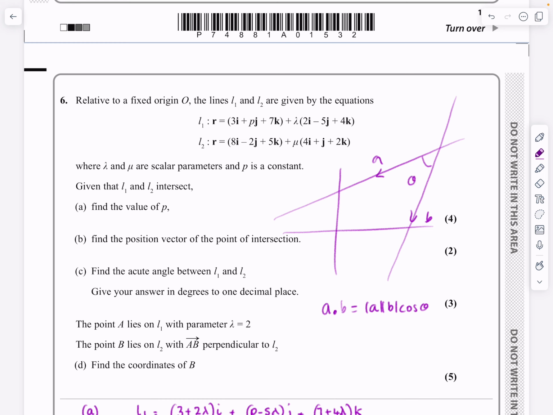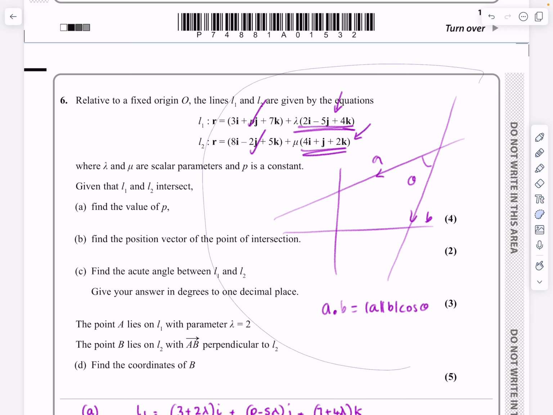When I'm talking about A and B, though, A and B are the directions of the two lines. These are where they start off from. They're points on the line, but this is the direction of L1, this is the direction of L2.